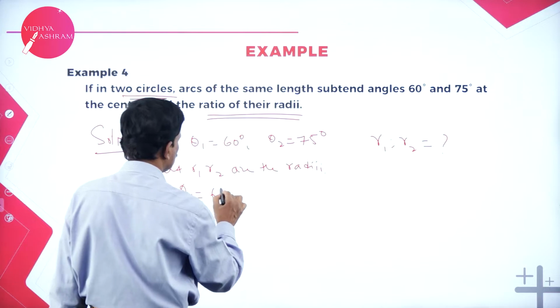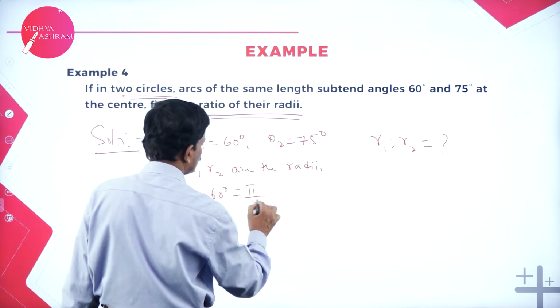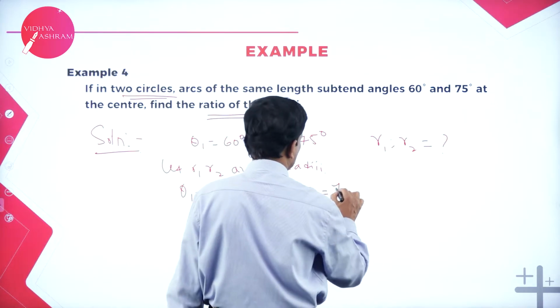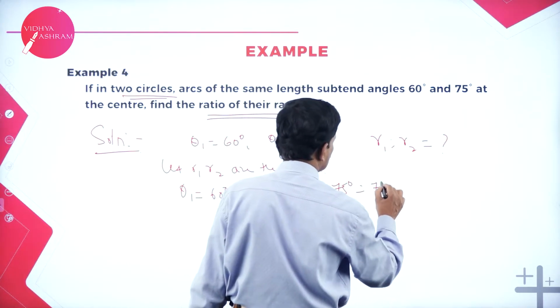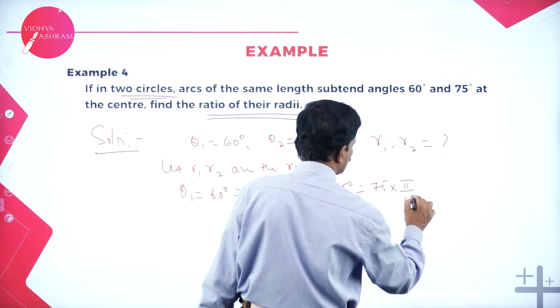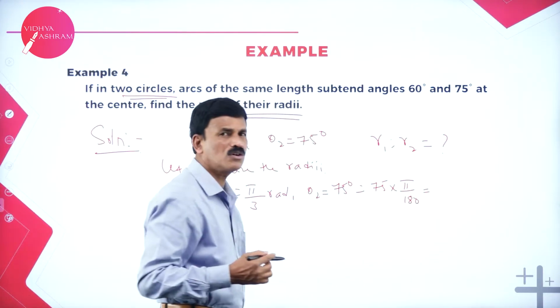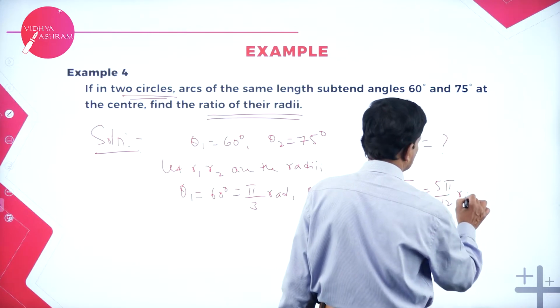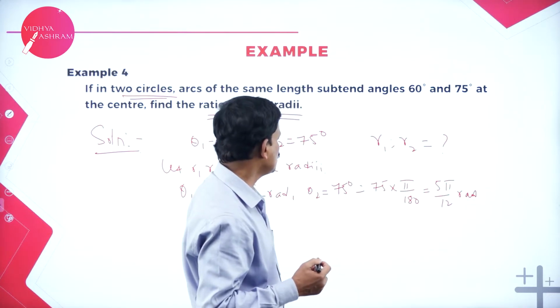Theta 1 is equal to 60 degrees, which means pi by 3 radians, and theta 2 is equal to 75 degrees. This is equal to 75 into pi by 180, which can be written as 5 pi by 12 radians.